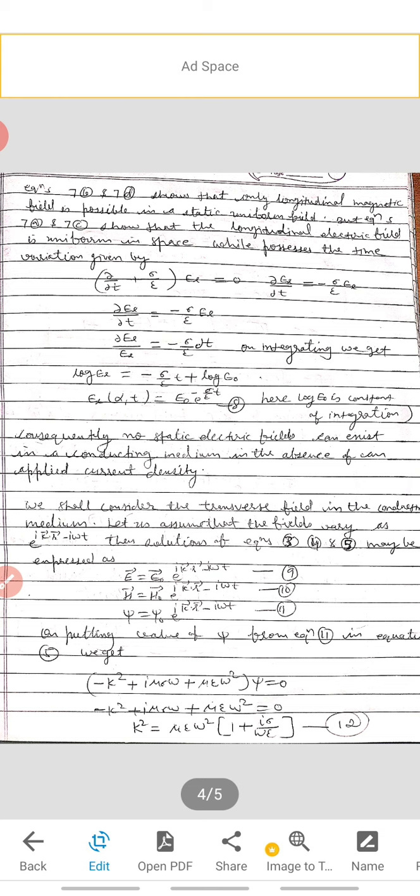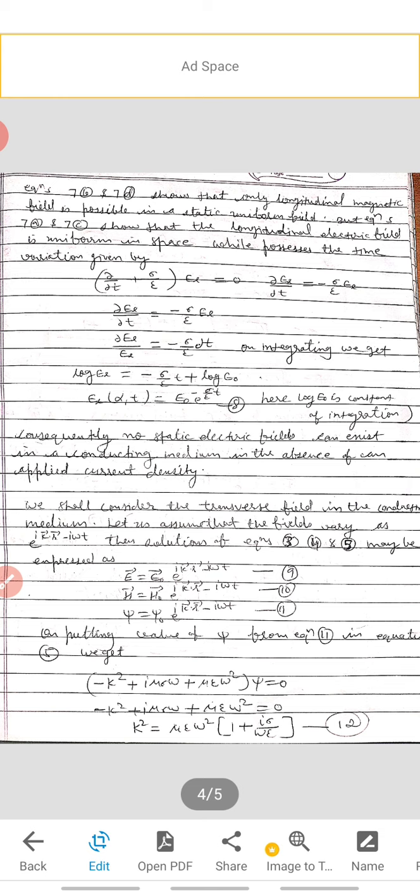field is uniform in space while it possesses a time variation given by del t plus sigma upon epsilon into EL is equal to 0.